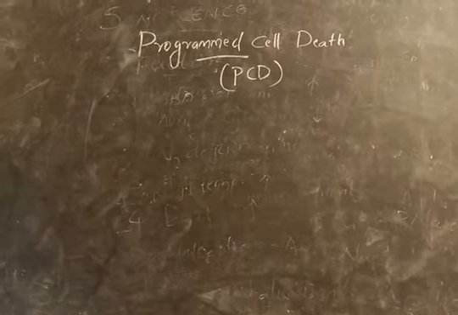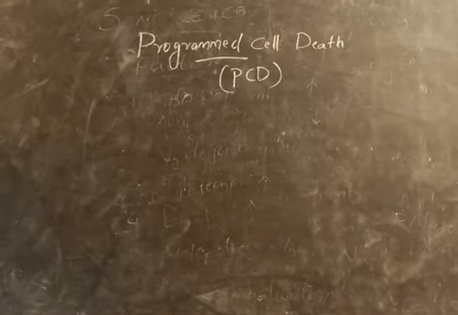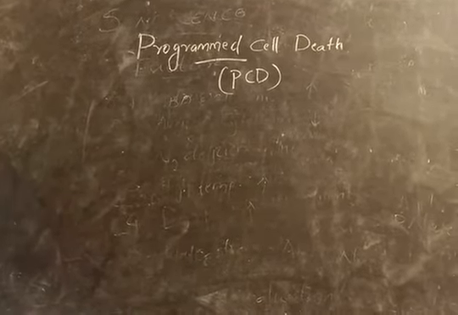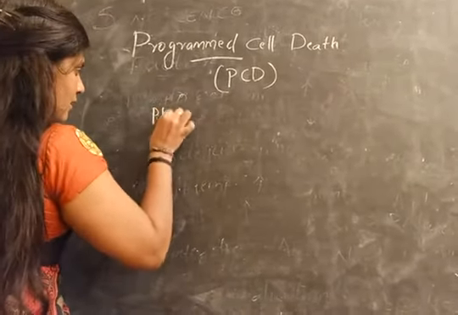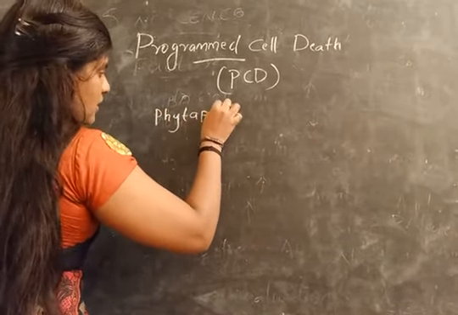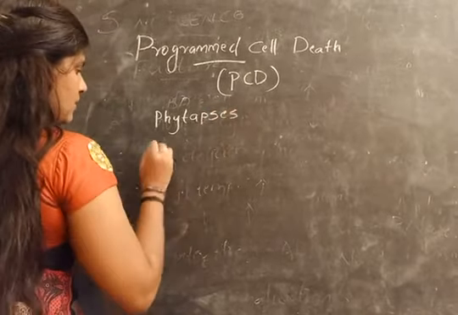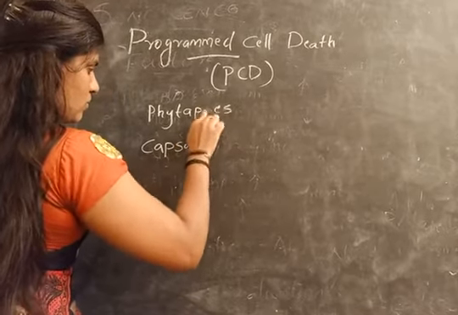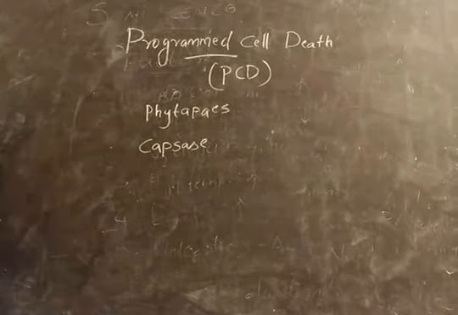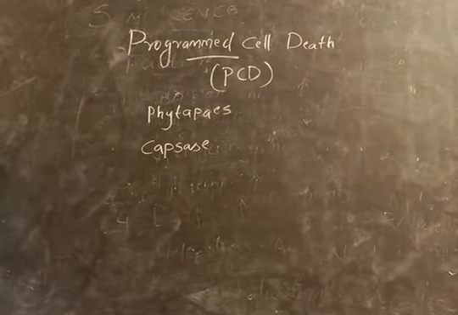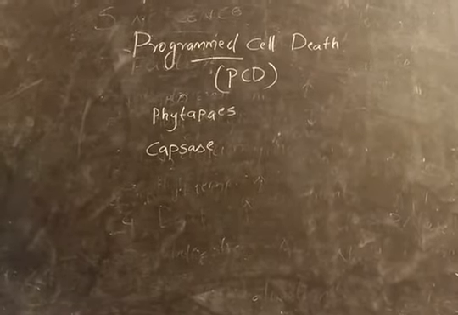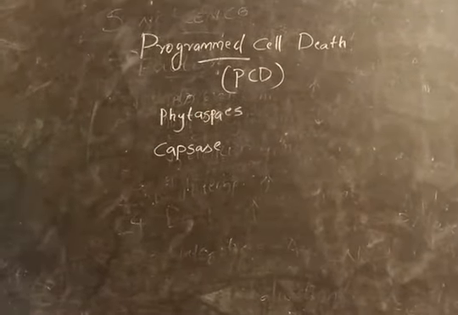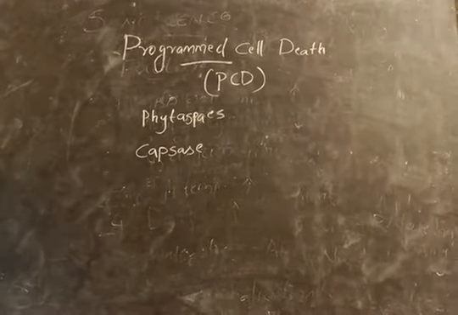The proteolytic enzymes involved in PCD are phytaspase in plants and caspase in animals.